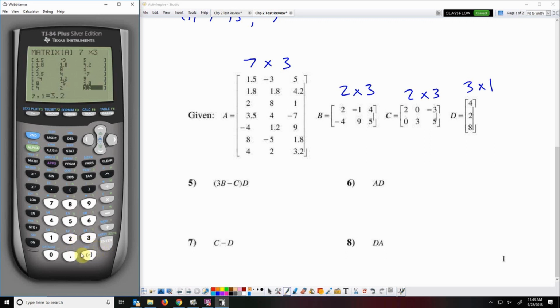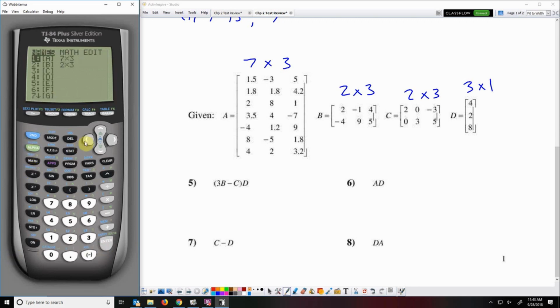All right, so my biggest matrix is in. So I'll go back to matrix, edit matrix B to a 2 by 3, 2, negative 1, 4, and negative 4, 9, 5.